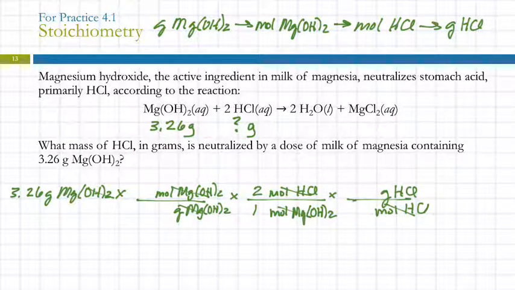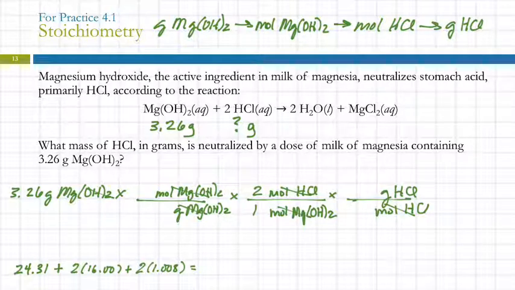Then I need molar masses. So the first one, magnesium, 24.31. So there's 1 magnesium, 24.31, and that 2 applies to both the oxygen and the hydrogen. So there's 2 oxygens and 2 hydrogens.